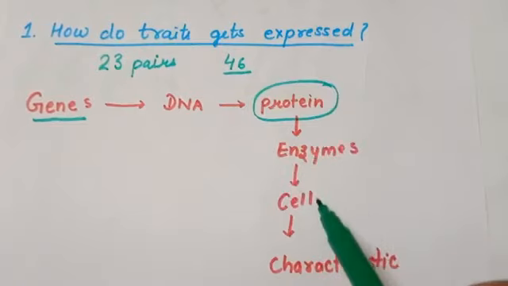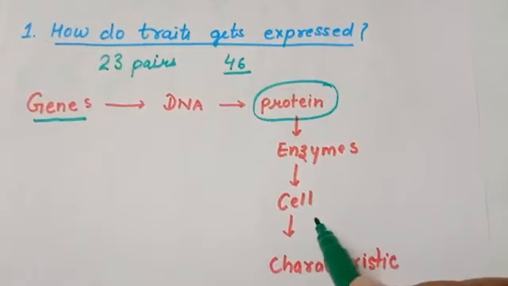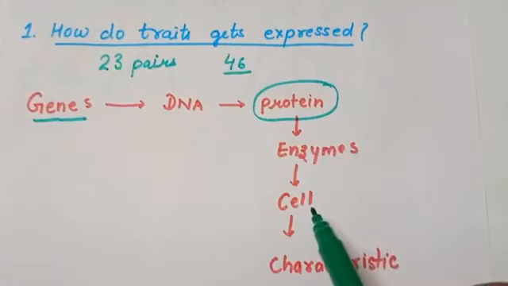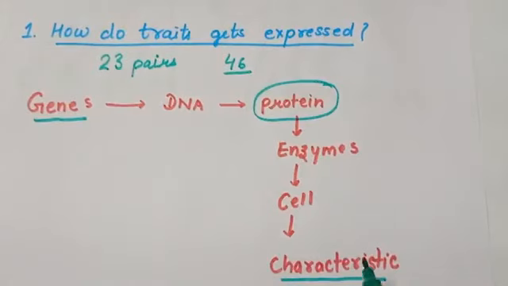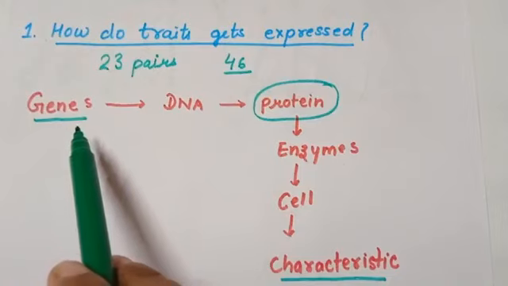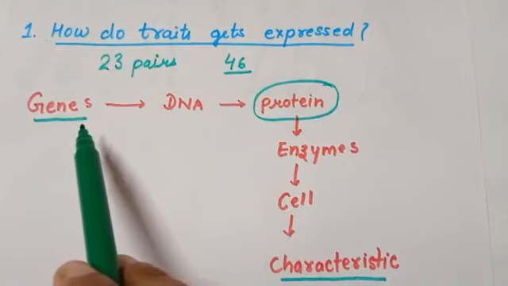This will act on the specific cells present in the body, and because of the action of this enzyme or protein on the cell, that particular characteristic will be shown by the cell or by the organism. So, this is how the genes are responsible for transferring the characteristics to the progeny.